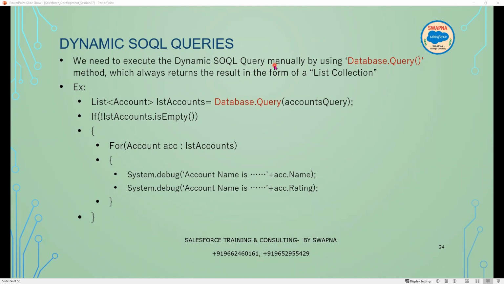In order to convert that, we will use the database.query. By using this, we will convert to this query, and then we will execute that SOQL query and store the result into the object collection. And if it is not empty, then we will try to print the value. So that's how we will do it in the dynamic. Take notes of it.